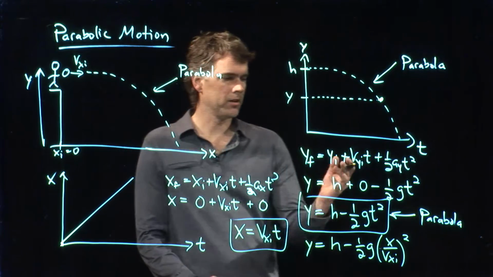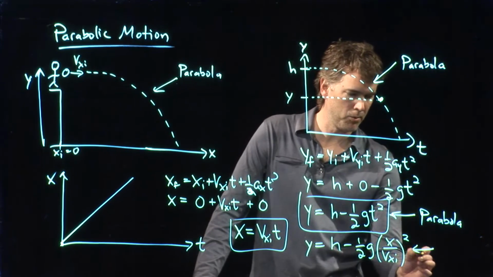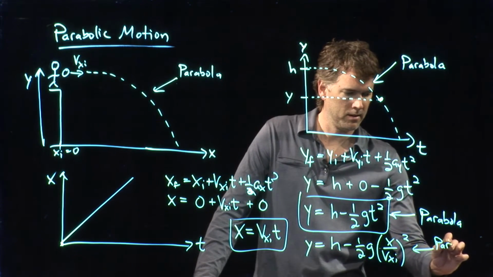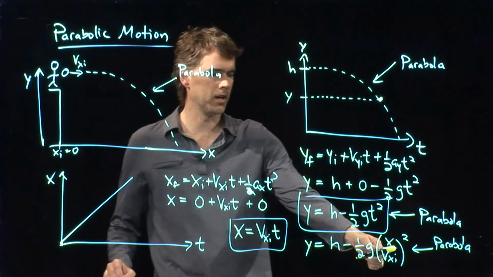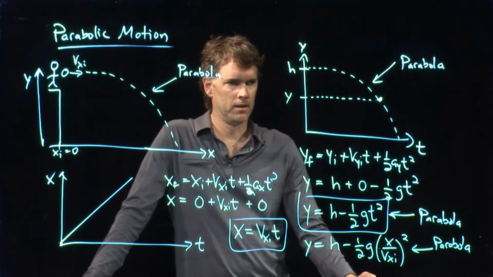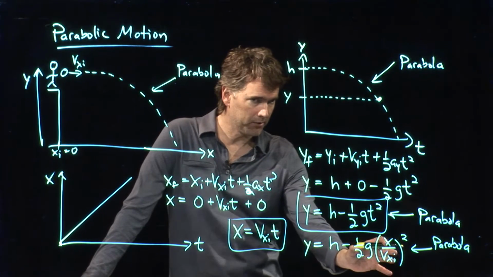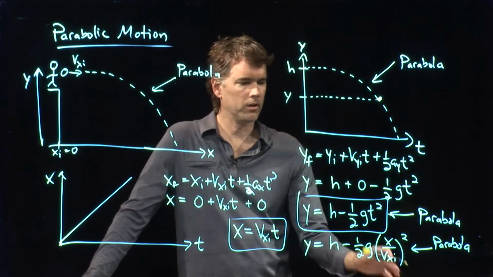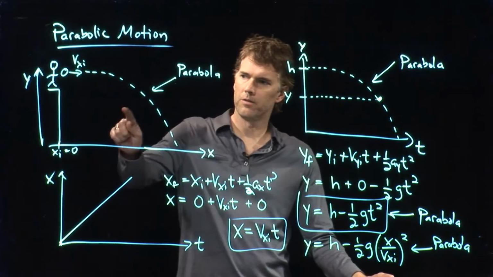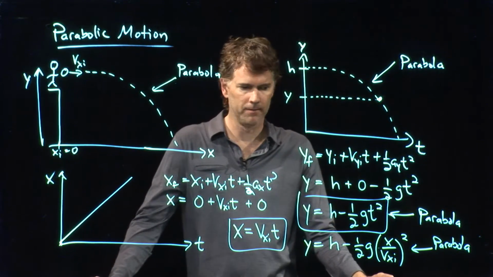And now that is the equation of a parabola, because y goes like x squared. The scaling is a little different, of course, but it's exactly the same equation as the one above it. This is definitely a parabola.